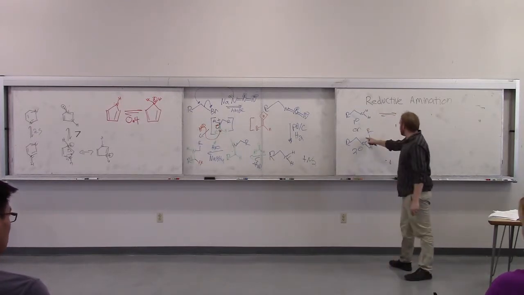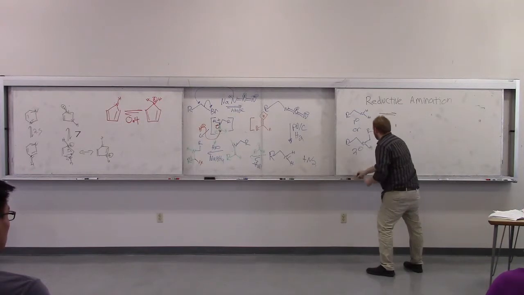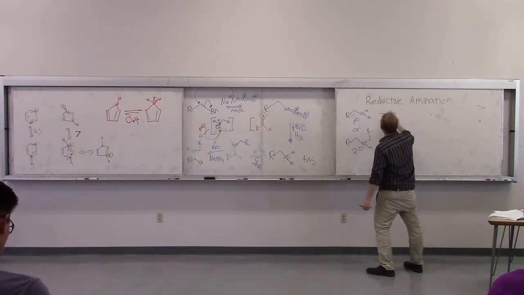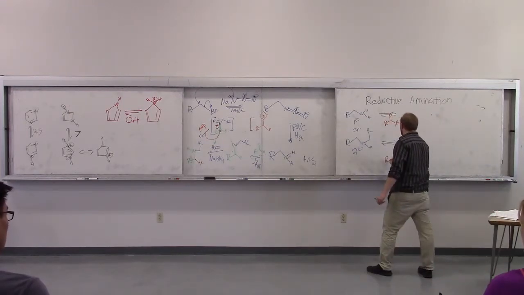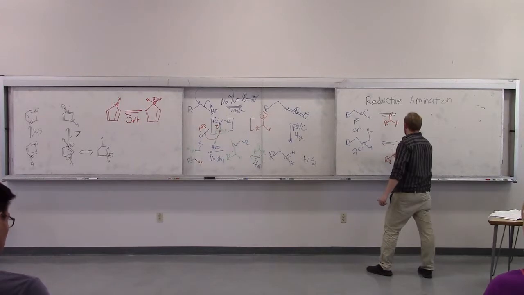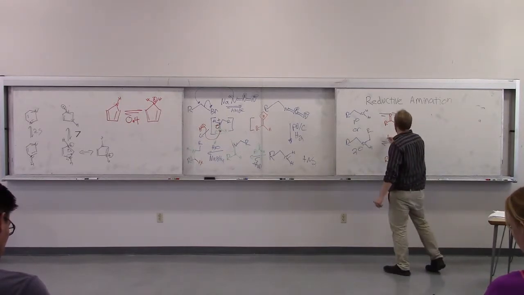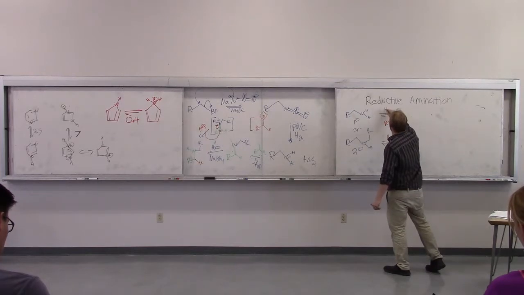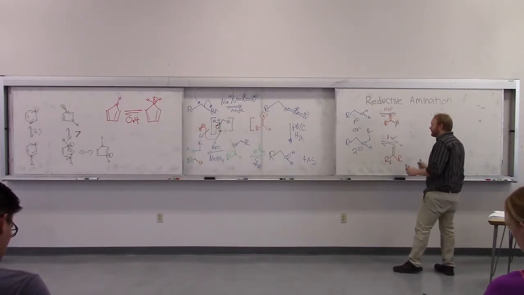So a primary or secondary amine, and you either take an aldehyde or a ketone. And maybe you just throw in a little bit of H3O+ as a catalyst to catalyze the imine formation.